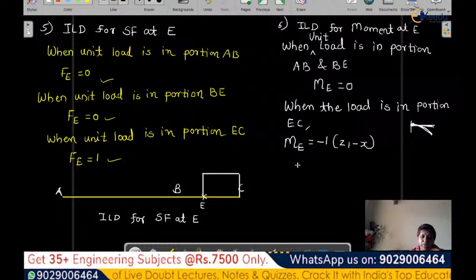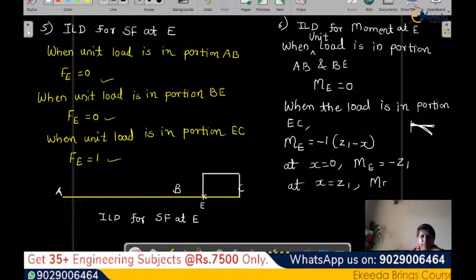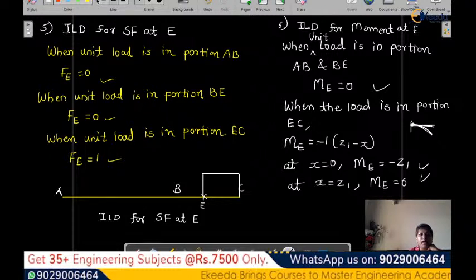Once we are done with the equation, we use the limits. At x equal to 0, moment at E is minus Z1. And at x equal to Z1, moment at E is equal to 0. These are the values we have to plot for the influence line diagram for moment.